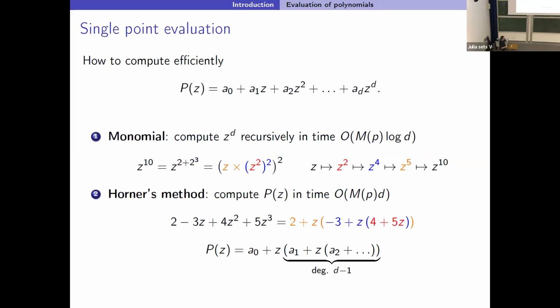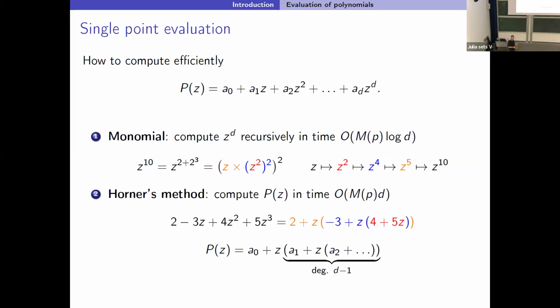And actually there is a theorem that says that if you are given one polynomial and one point, you cannot do better than this, because you just have to look at all coefficients. There's no way to do better if it's one polynomial, one point.